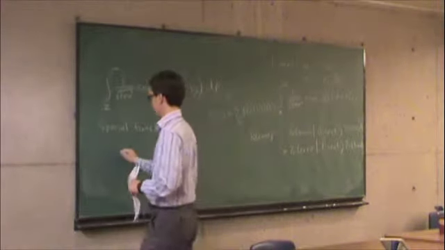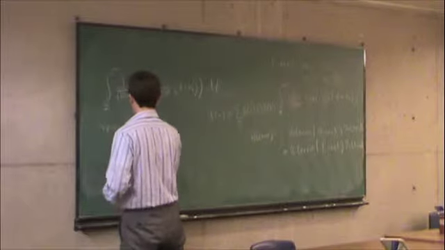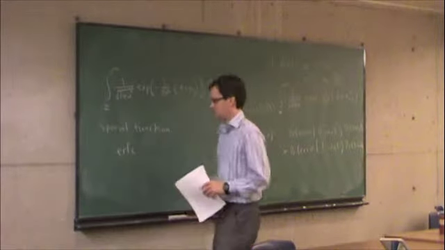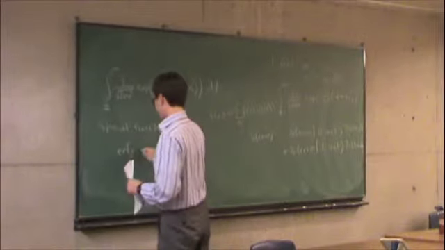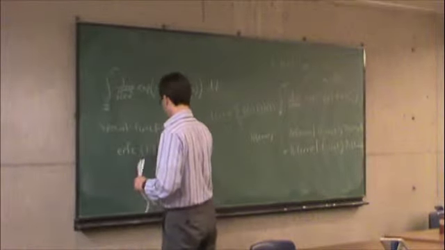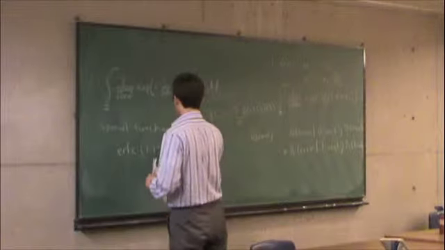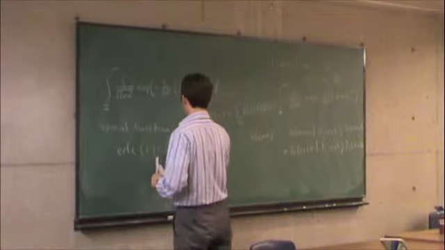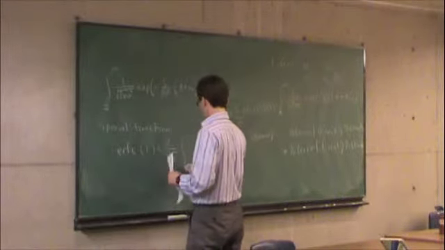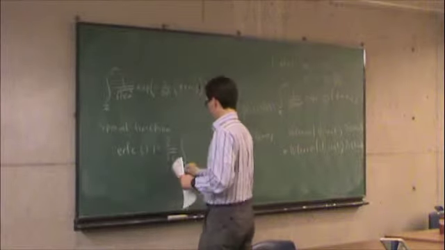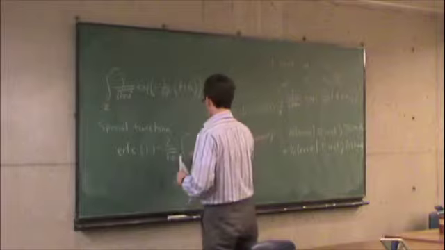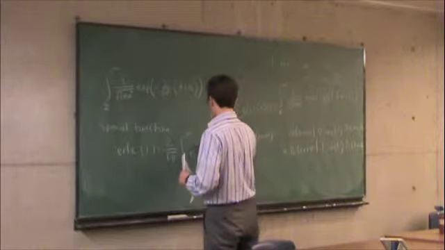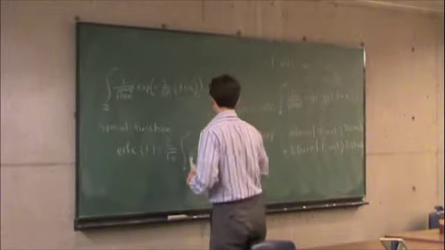That special function is called erfc, which stands for error function complementary, and it's defined as follows: erfc of t is equal to 2 over root pi, integral from t to infinity of e to the power of minus u squared du.